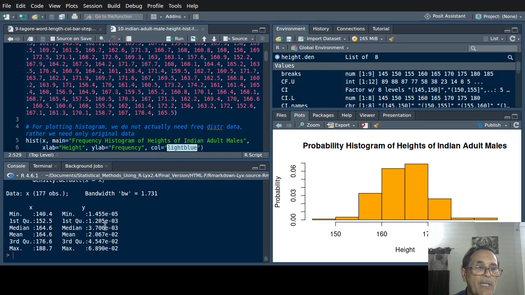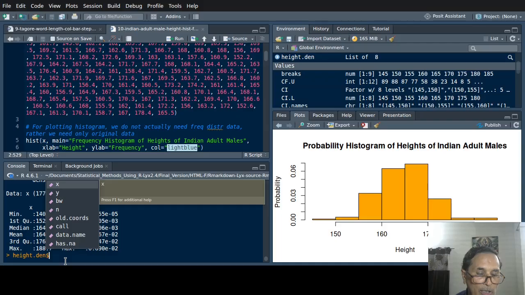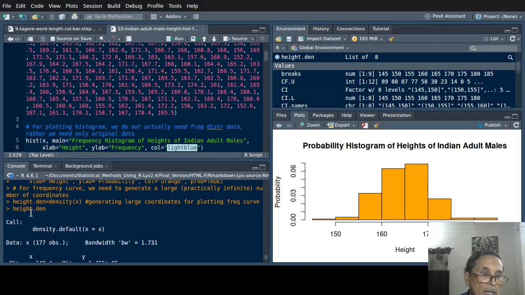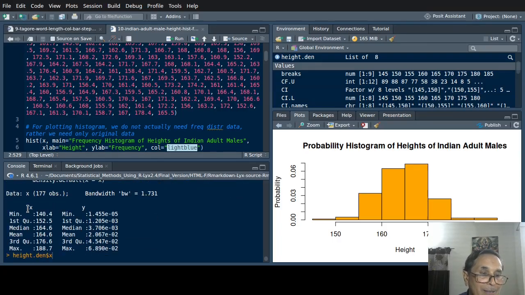We do not understand anything here, but I'll tell you how. How will we get height? Let height den, and then dollar, and then x. What I mean is, from this list of data, I want this x value, not this x, this x value.